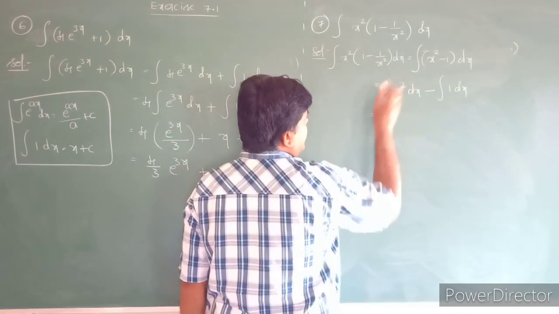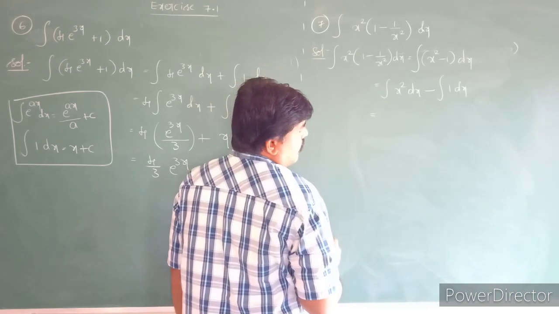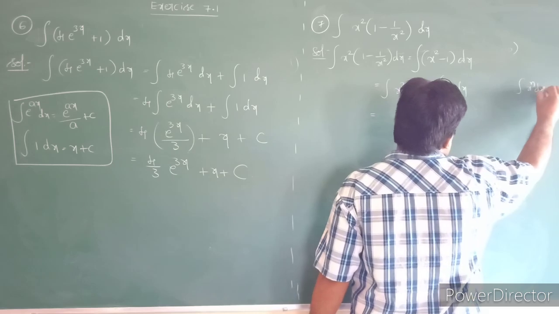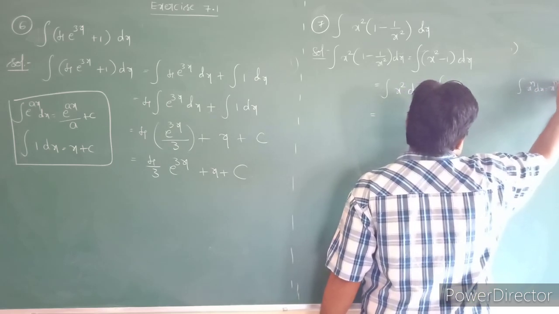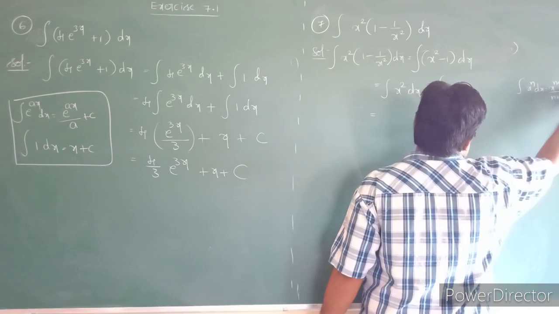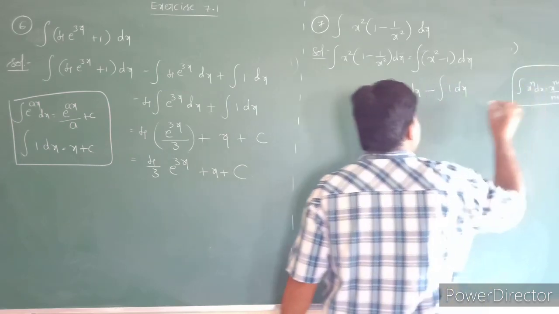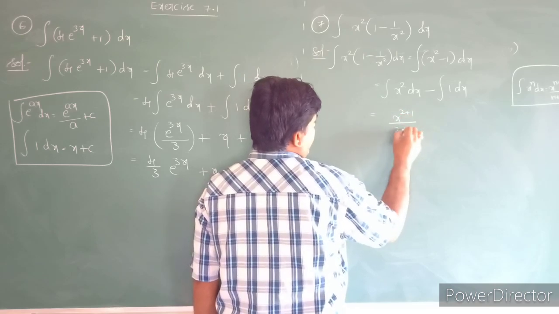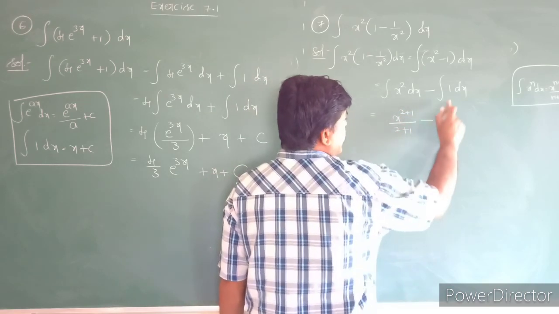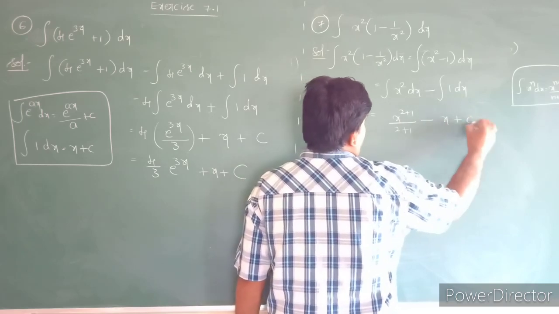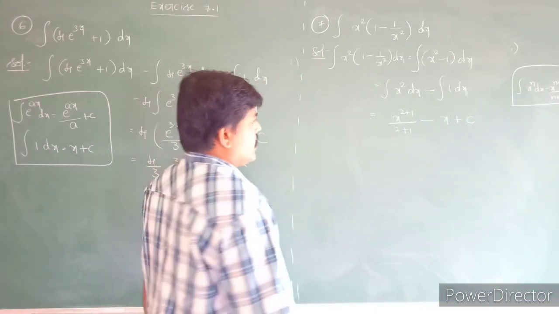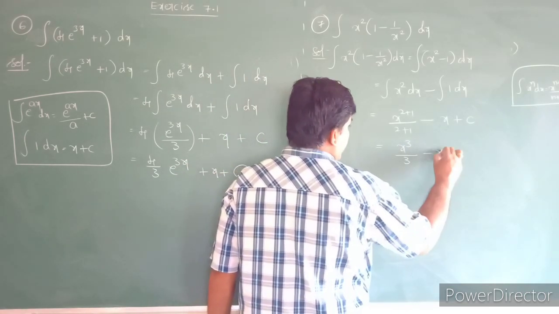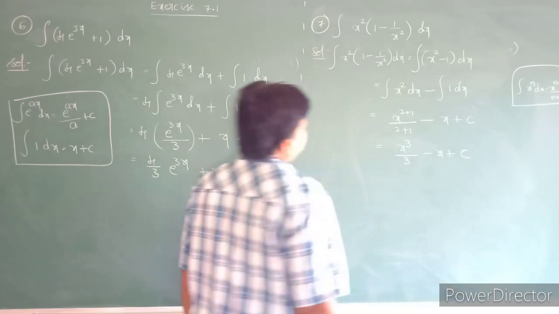You already know the formula, integral of x power n into dx is x power n plus 1 by n plus 1 plus c. So here x power 2 plus 1 by 2 plus 1 minus integral of 1 is x plus c. So that is equal to x cube by 3 minus x plus c.